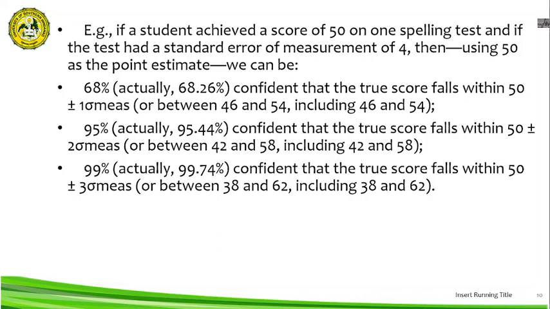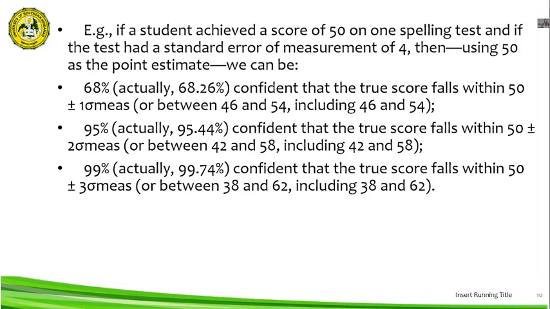So, the formula is score plus or minus 1.96 times the standard error of measurement, which is 50 plus or minus 7.84, equal to 42 and 58.